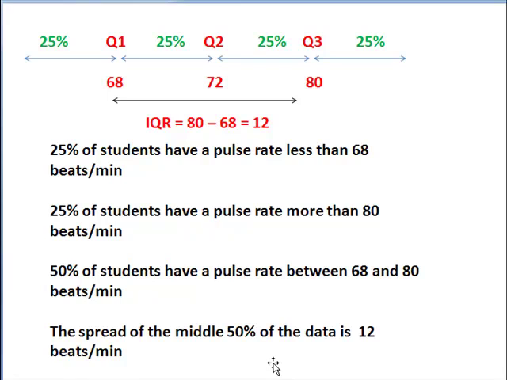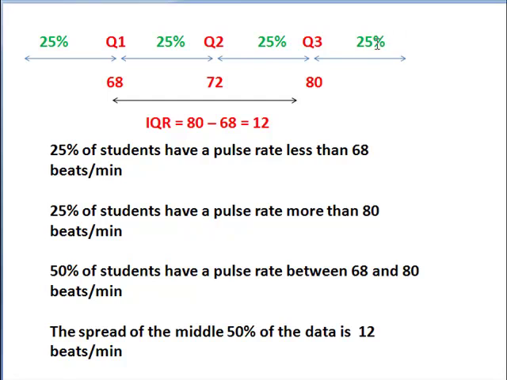This slide summarizes the calculations of the previous slide and interprets our calculations. To say that Q1 is 68 means that 25% of the students have a pulse rate of less than 68 beats per minute.